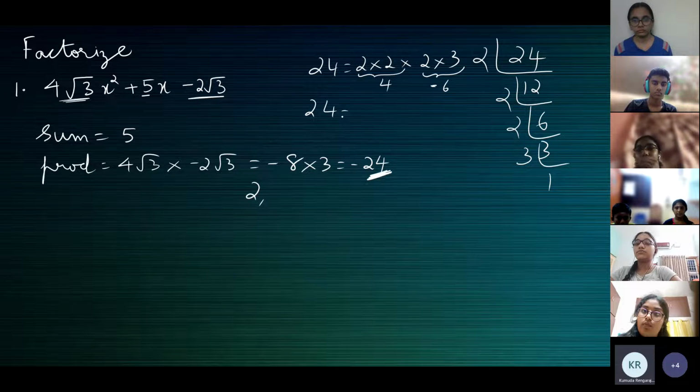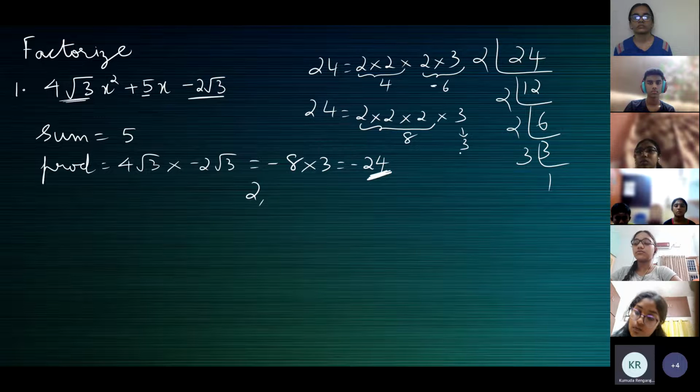So see here, 24 is equal to 2 into 2 into 2 into 3. We group these three 2s to get 8, and this one stands alone, 3. And since 5 is positive, the greater number should be positive. So it will be 8 and -3. The two numbers are 8 and -3.